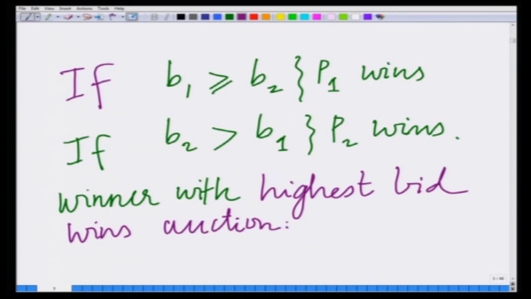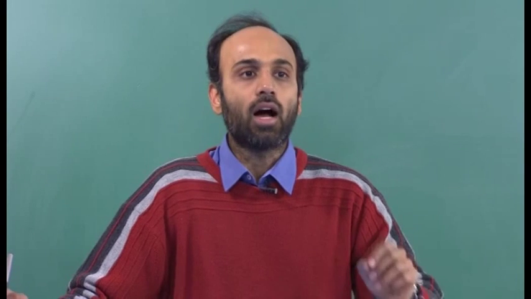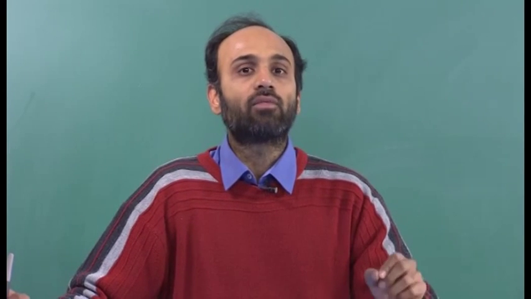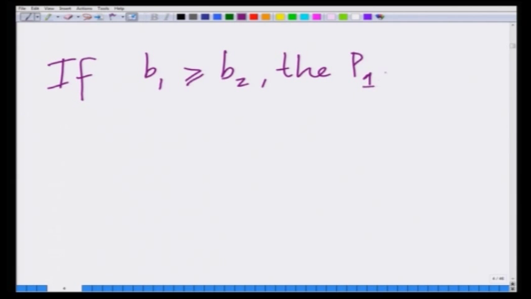However, in the first price auction, the winner pays an amount equal to his own bid. However, in the second price auction, the winner pays the second highest bid. So the winner, after winning the auction, pays the second highest bid. This is the second price auction. So if B1 is greater than or equal to B2, then P1 wins and he pays the second highest bid.